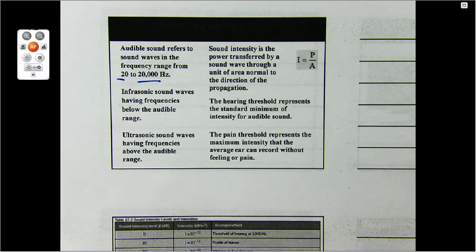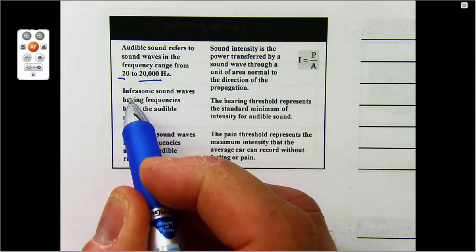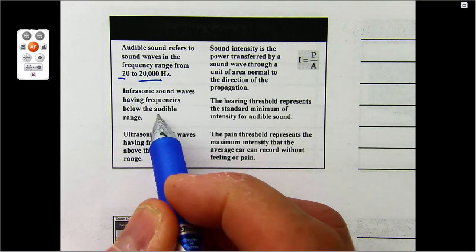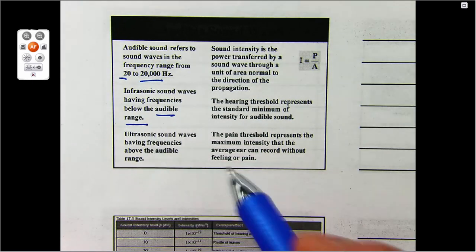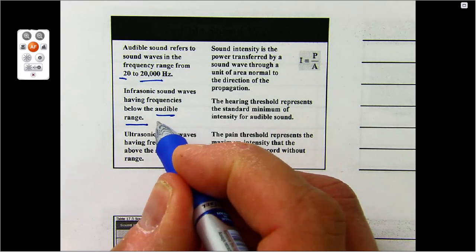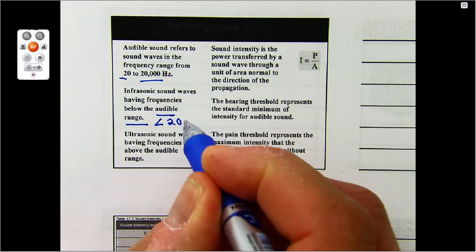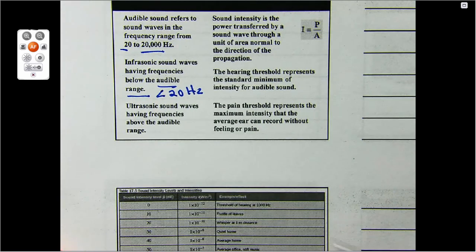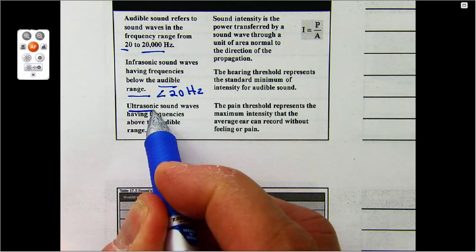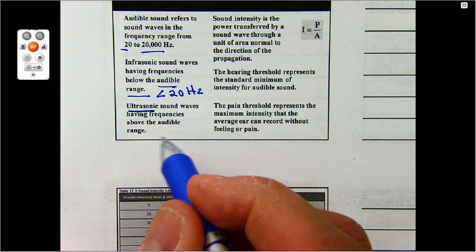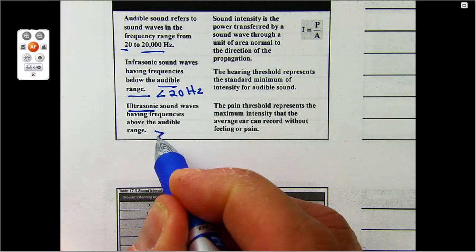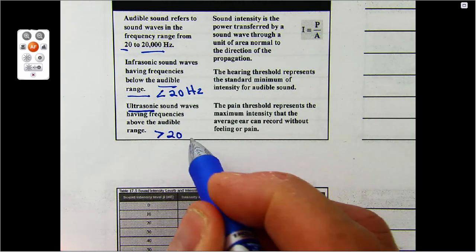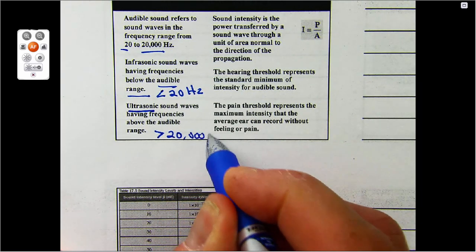Works out pretty well. Okay, infrasound waves have frequencies below the audible range, so these are going to be less than 20 hertz. Ultrasound waves have frequencies above, so these are going to be greater than 20,000 hertz, obviously.